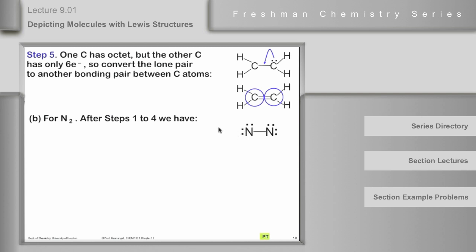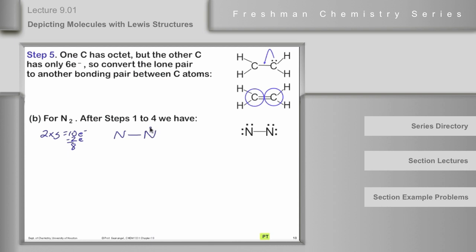Maybe we should just go through it so the people who are talking will hear it. We'll draw the two nitrogens, and we'll count the electrons. 2 times 5 is 10 electrons, right? So we'll put in a single bond between the two atoms, not a double bond, a single bond, and we'll subtract 2 electrons from the 10, and we've got 8.